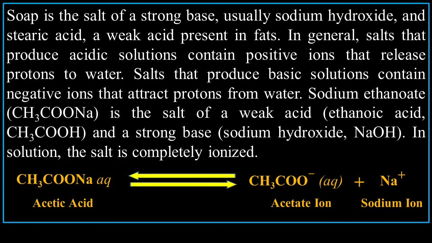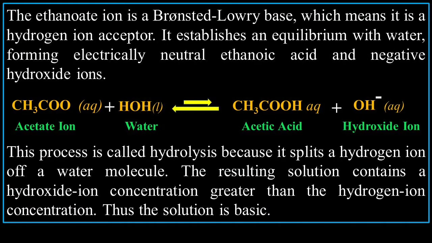Now, this is going to be a very important reaction because the acetate ion is going to combine with water, and it's going to steal a hydrogen from water, producing hydroxide, as you'll see in a moment. So very, very important reaction relative to the buildup to buffers. The acetate ion is a Bronsted-Lowry base, which means it is a hydrogen ion acceptor.